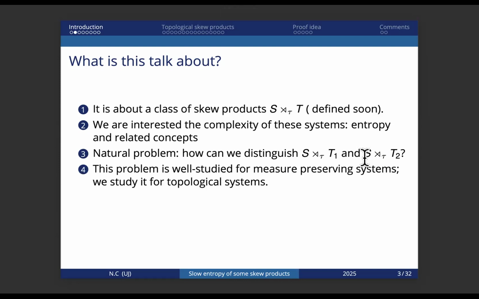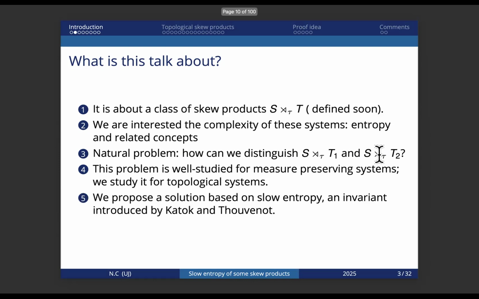So, well, this problem is well studied for measure preserving systems. There are some results. And here we studied it for topological systems. And we propose a solution based on slow entropy, which is an invariant introduced by Katok and Thouvenot, which I will define later.